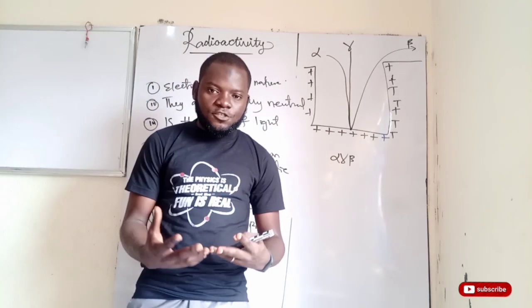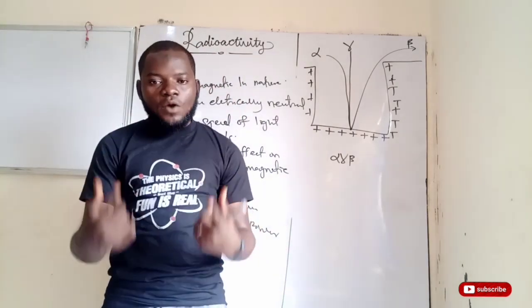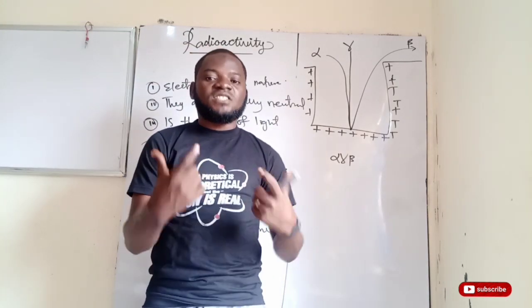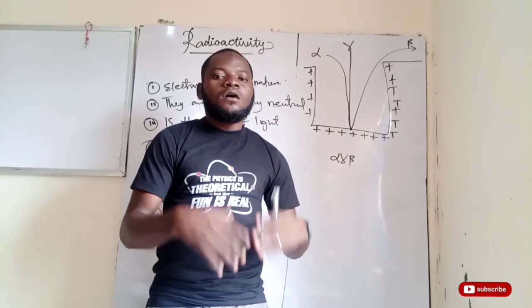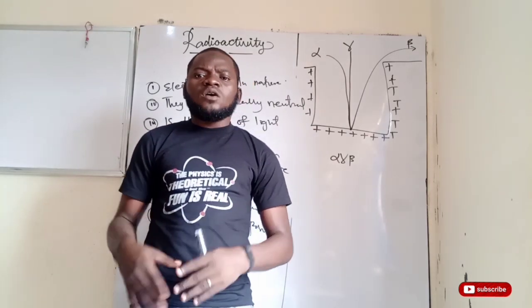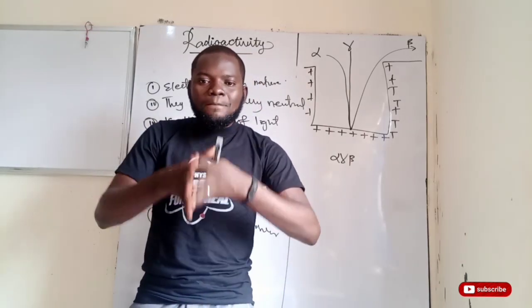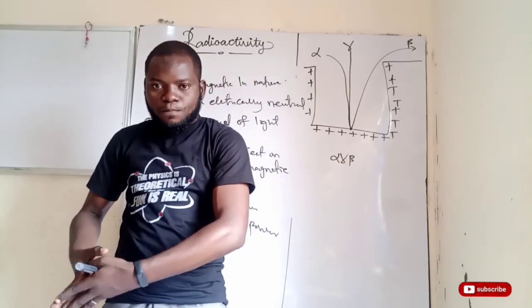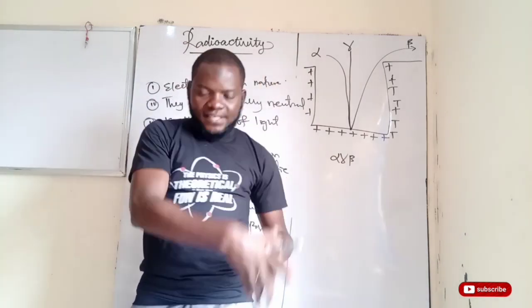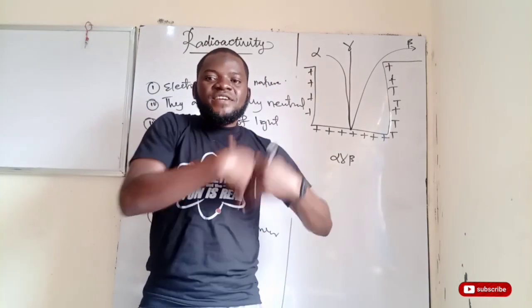You know, when they say isotope, isotope means what? Two elements with the same atomic number but different mass number. So when you now talk about mass defect, it is the difference between the mass of the actual atom and the isotope. That is the predicted one.